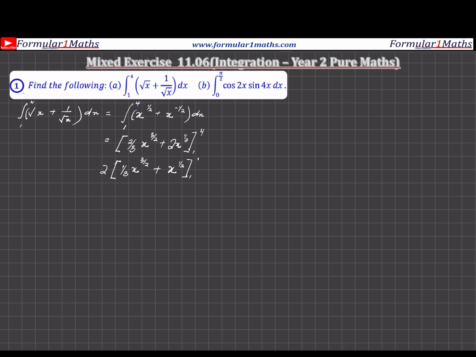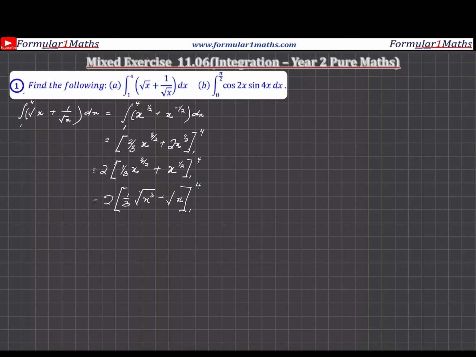and the limits. So this can be written as 2 times 1/3 square root of x cubed plus square root of x, from 1 to 4.